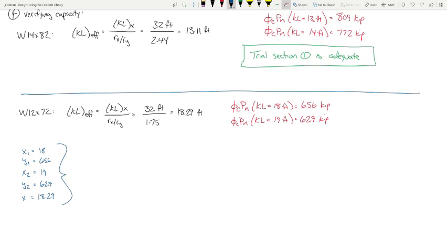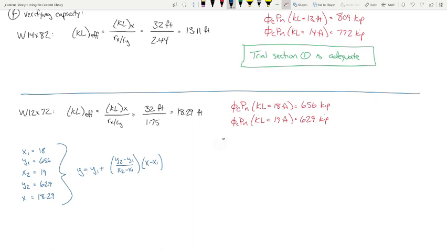So, what do we get here? It's y equals y1 plus y2 minus y1 over x2 minus x1 times x minus x1. What do we get when we check this out? 648. 648.2?